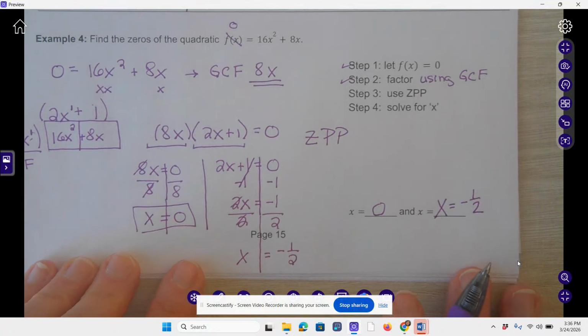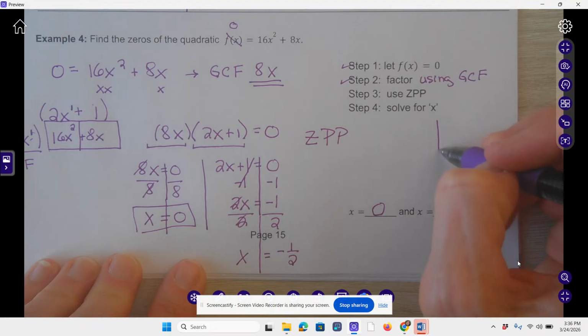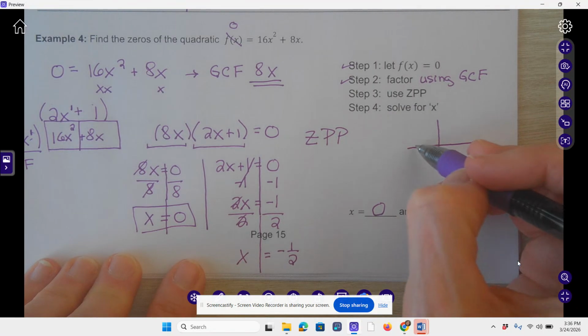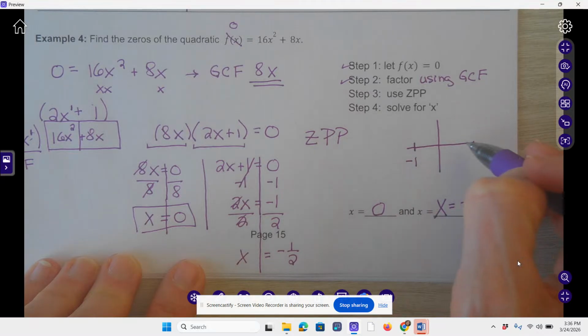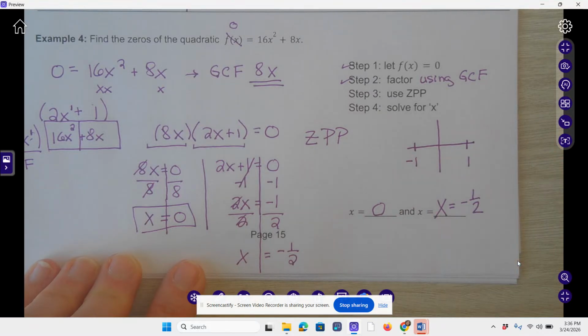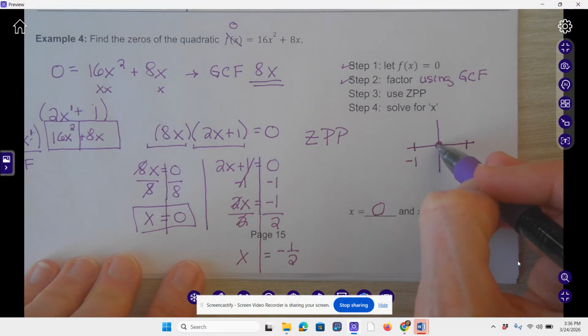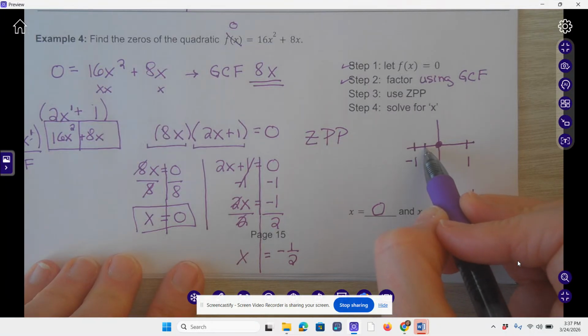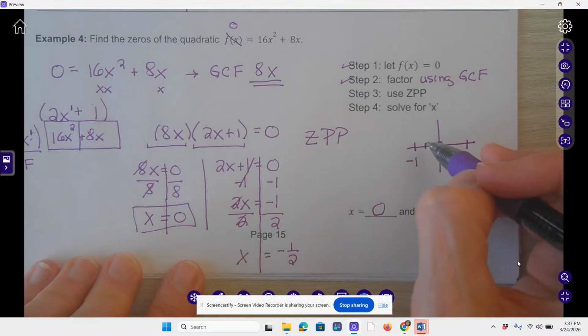I'm going to put a quick sketch here. This one's going to be tricky though because these zeros are close together. So I'm going to go all the way over here and say that's negative 1 and this is positive 1. So one of my solutions is at 0, which is at the origin. The other one is at negative 1/2, which would be right between 0 and negative 1.